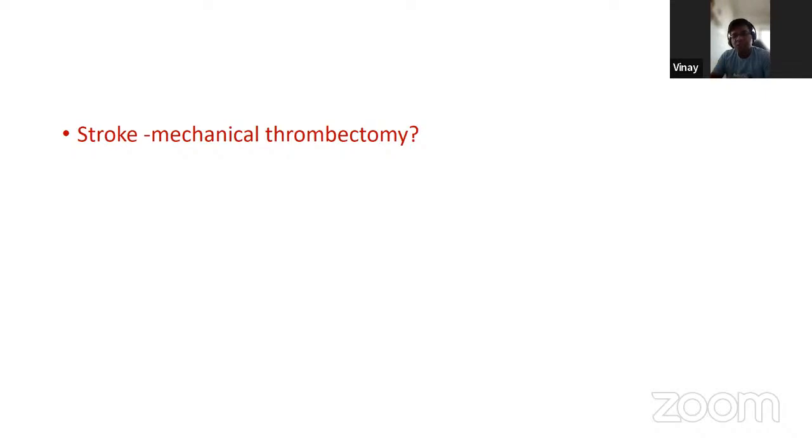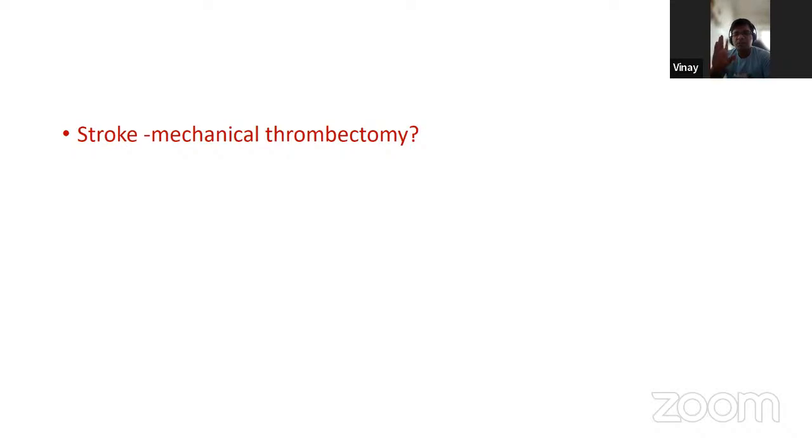Each has its own advantages and disadvantages. My answer is don't hesitate to give general anesthesia. If you want to give anesthesia, just go ahead and give general anesthesia, but be careful to maintain the blood pressure. Follow the basics.